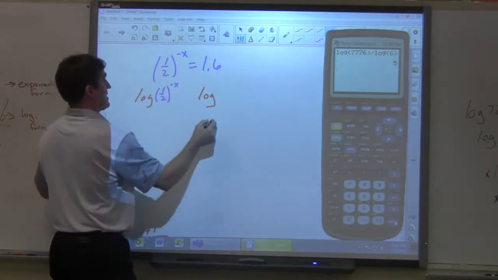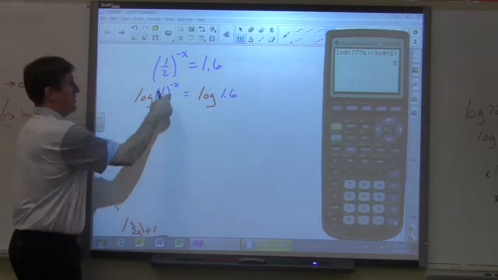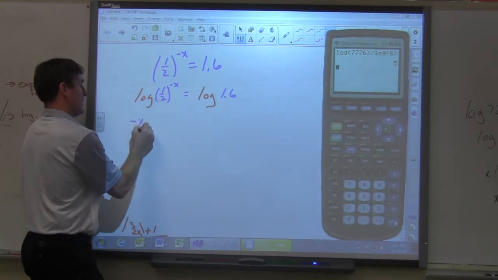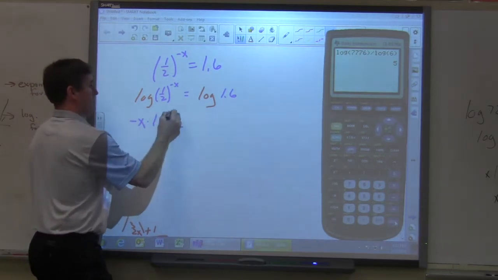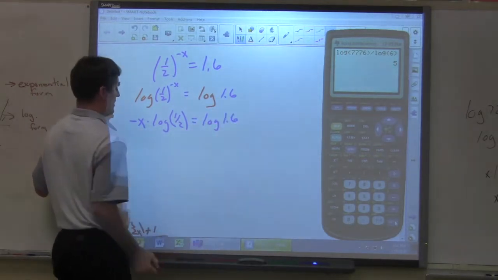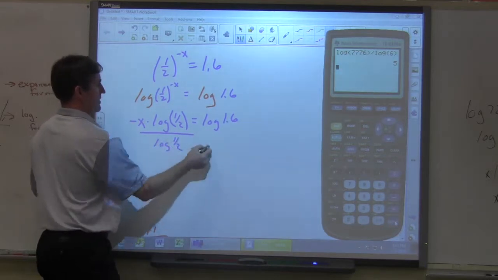Log of 1/2 to the negative x, log 1.6. Remember, if it's in the exponent, I can bring that out front. So negative x times log 1/2. And then divide by log 1/2 on both sides.